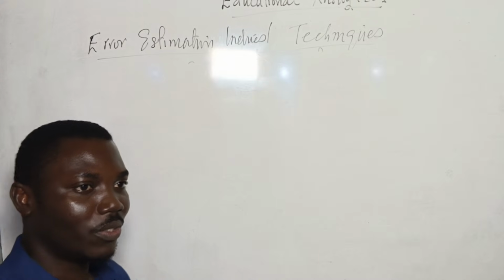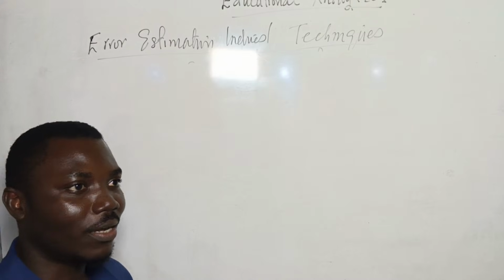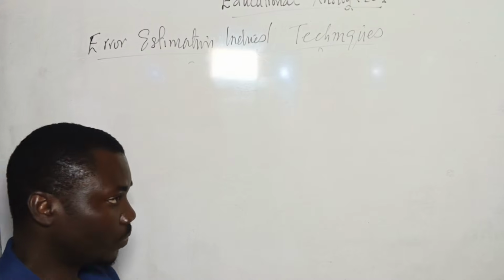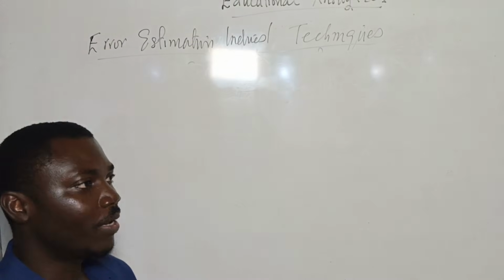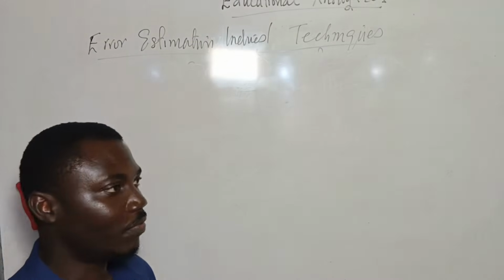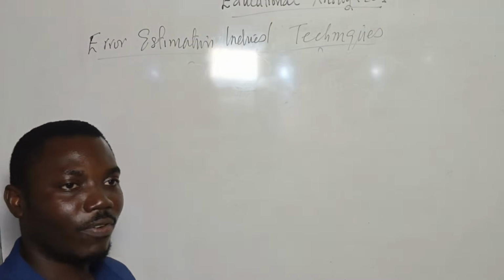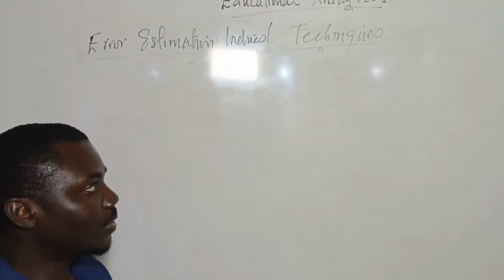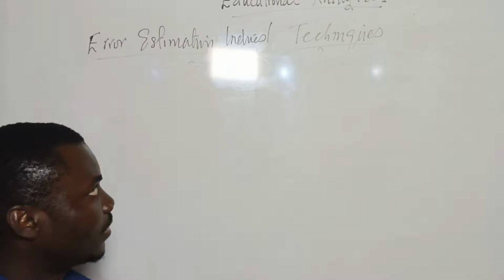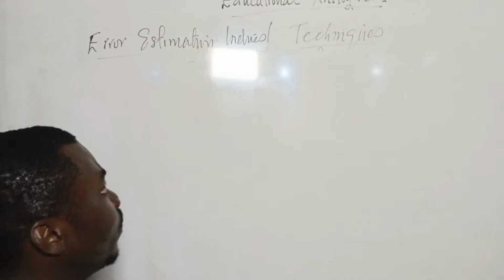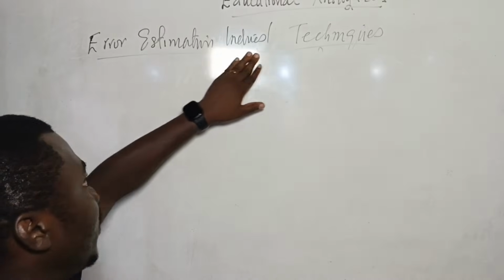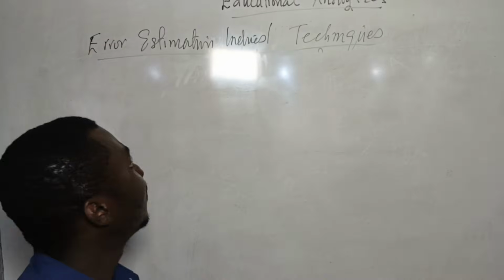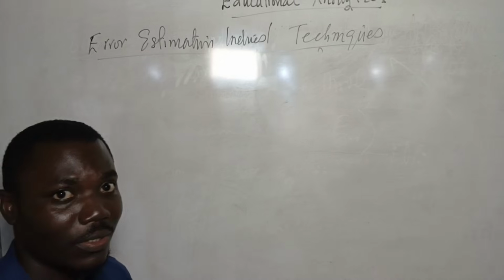Also, your ability to normalize and standardize your data will enable you to train your data that is unitless. Invariably, it will reduce any form of error or bias in the data sets. So today we are considering the aspect of error estimations.